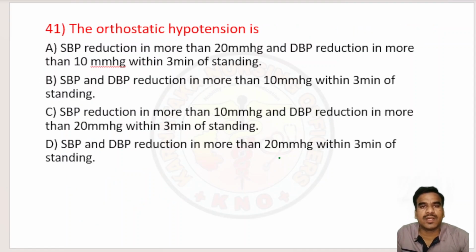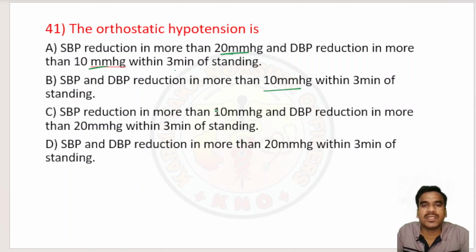And the last question is the orthostatic hypotension. Which one do we call orthostatic hypotension? Option A is SBP reduction of more than 20 mmHg and DBP reduction of more than 10 mmHg within 3 minutes of standing. Option B is SBP and DBP reduction of more than 10 mmHg within 3 minutes of standing.